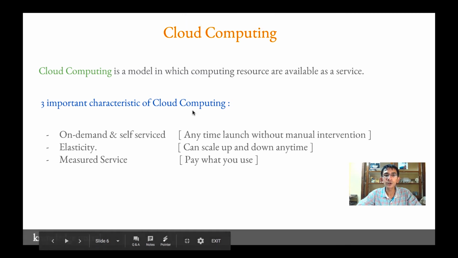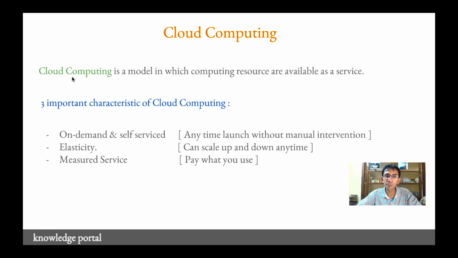Okay, so these are the three important characteristics of a cloud computing provider. If a hosting provider wants to be called a cloud computing provider, then they have to ensure that they follow all of these three characteristics. Once they follow these three characteristics, they can call themselves a cloud computing provider. You have various cloud computing providers like AWS, DigitalOcean, Linode.